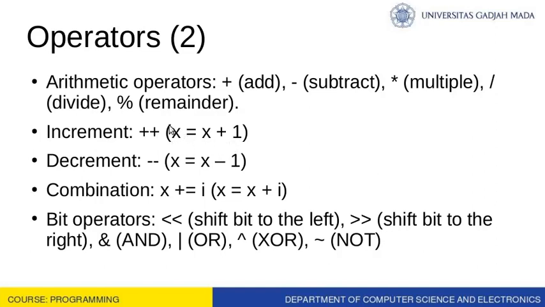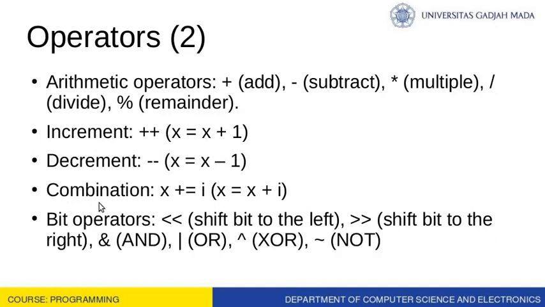If I have a variable x, whatever the value of x, we increase it by 1. This is also the case for decrement. We have minus minus, double minus, which is equal to decreasing the value of a variable by 1.